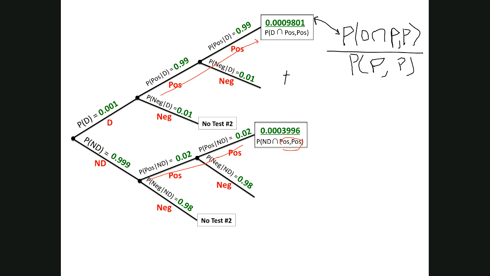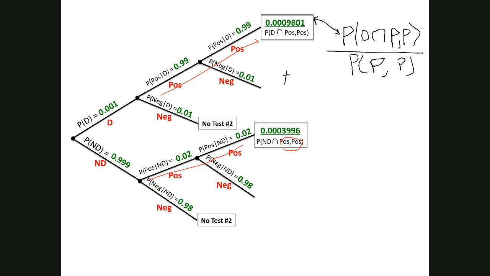When we add those together, that comes out to be the probability of two positives equals 0.0137797.